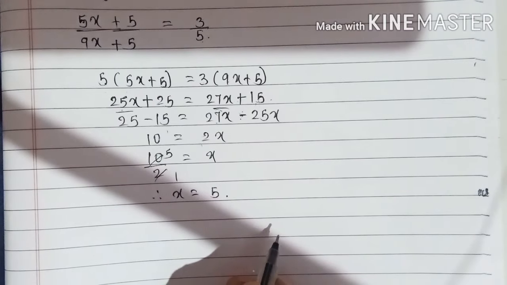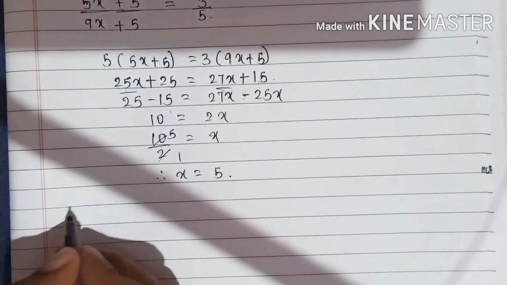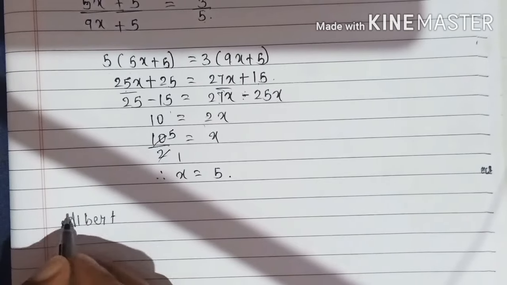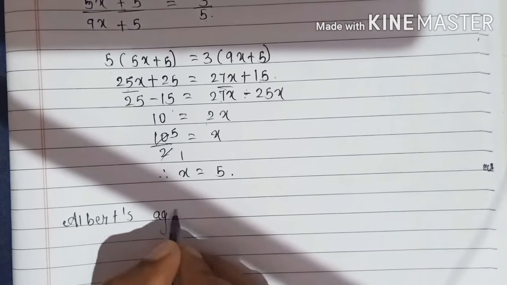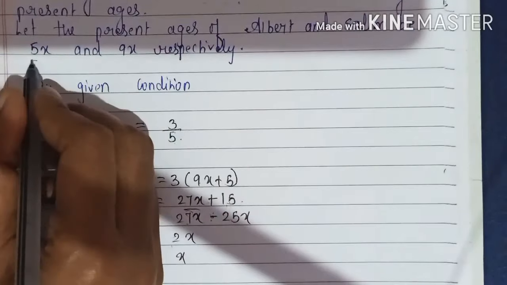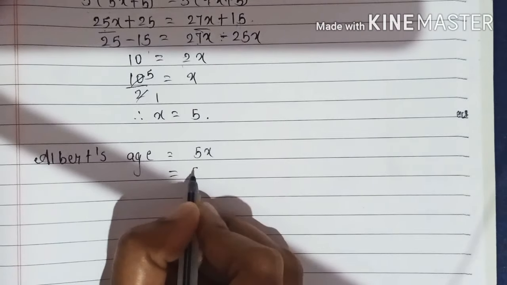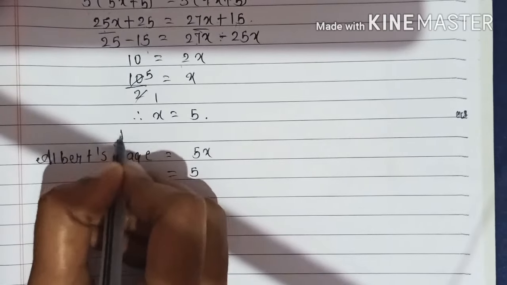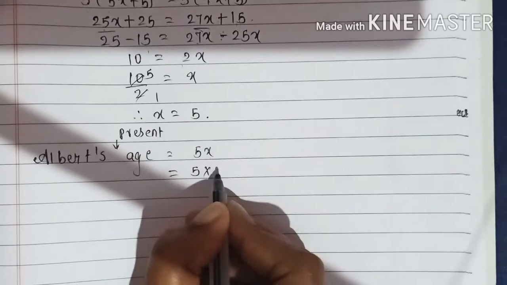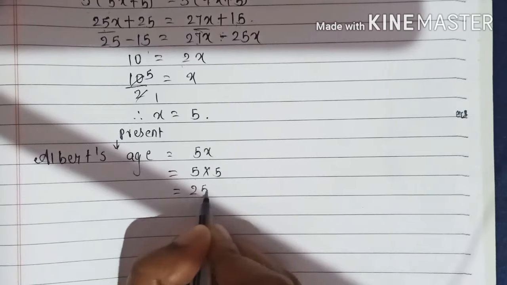Now we will find out the present ages of Albert and Salim. Albert's present age we have considered as 5x. So write down Albert's present age is equal to 5x. x is 5. So 5 5s are 25.